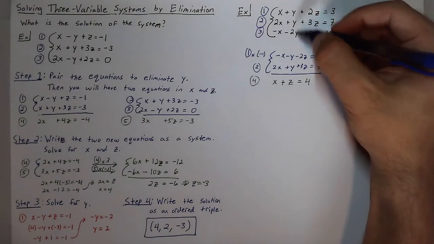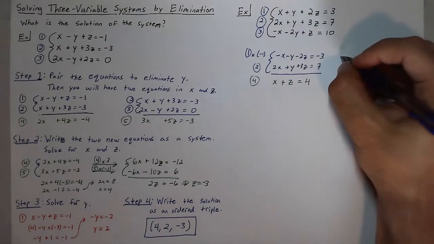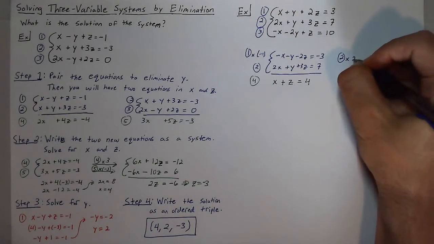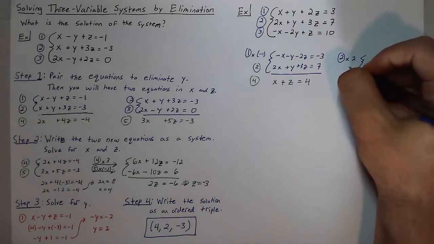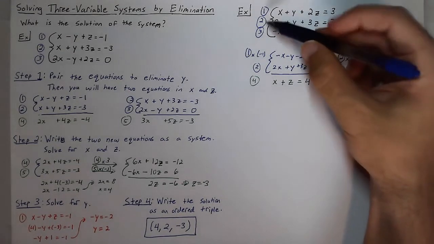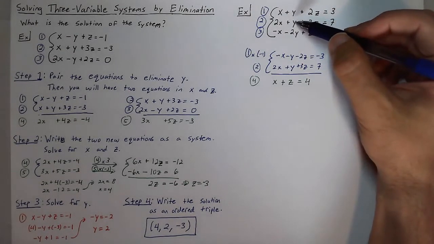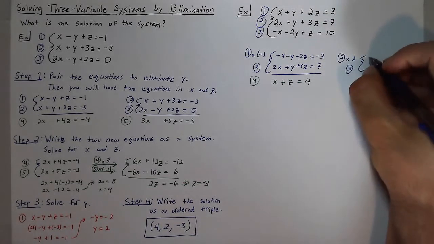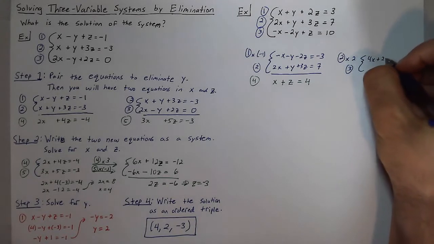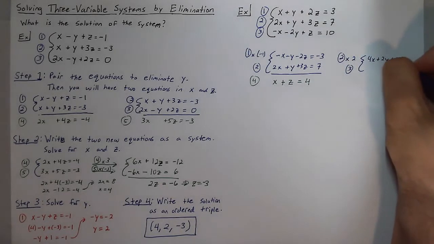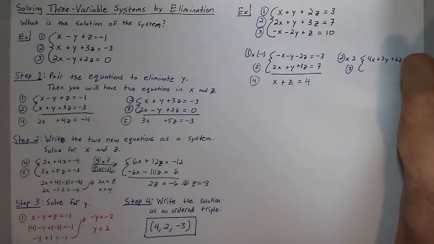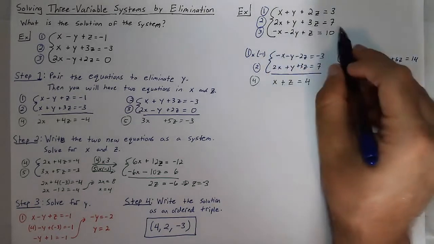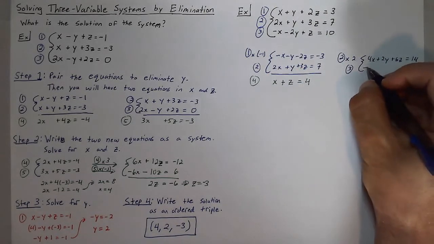I want to cancel out the y's. So the second equation, I'm going to multiply by 2. I'll keep the third one the same. And the reason why is 2 times y is 2y, and I'll cancel out the negative 2y. So I'll have 4x plus 2y plus 6z is equal to 14 by multiplying everything by 2 and keeping my third equation the same.